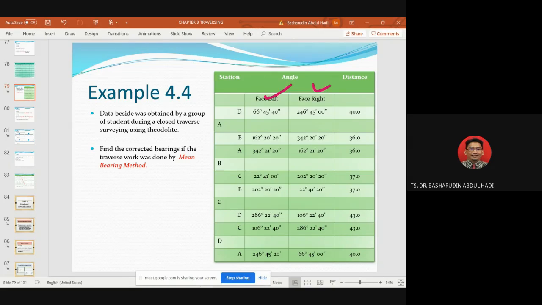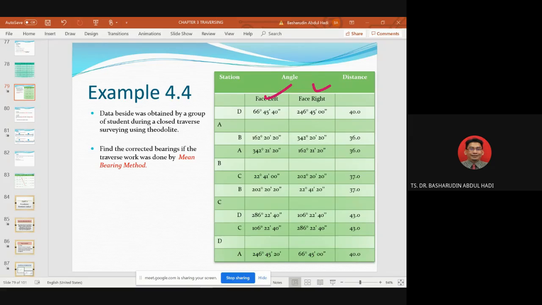You still remember that you rotate your telescope? Do you still remember that you rotate from left to right on the two arms of the theodolite column? Maybe you remember that.